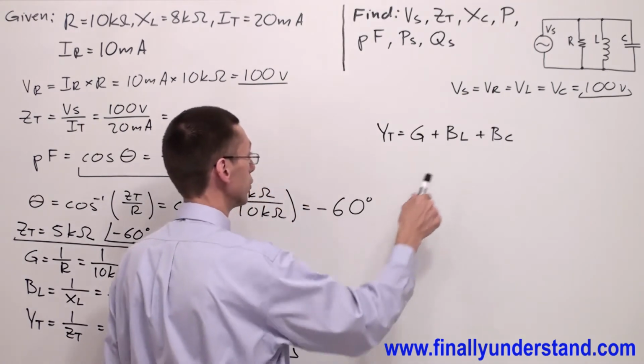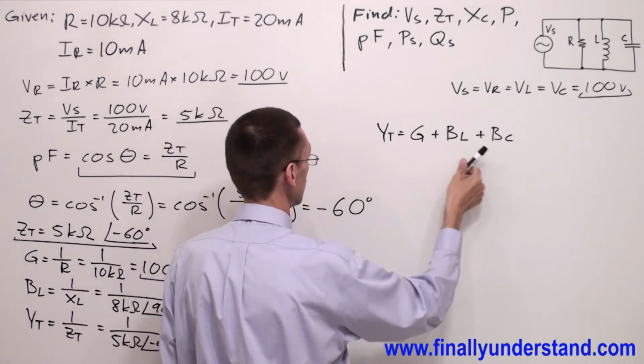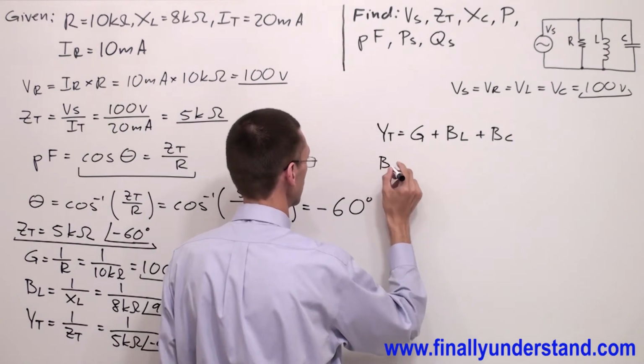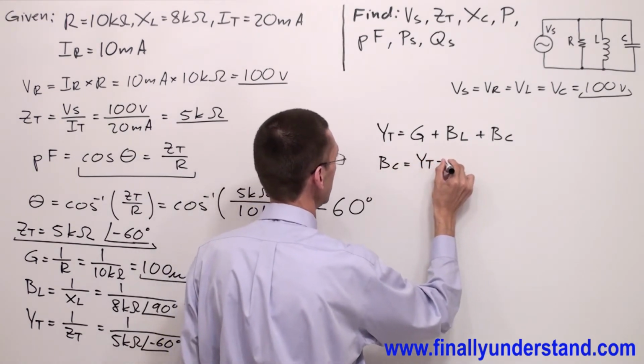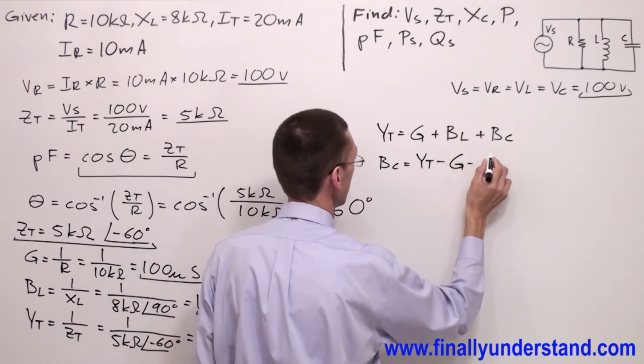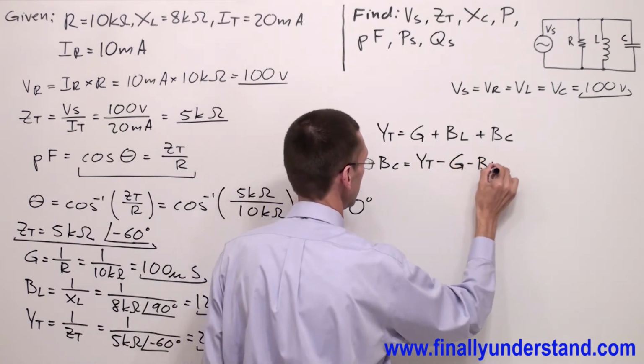So if you are going to solve this formula for BC, you are going to obtain BC is equal to Y total minus G minus BL.